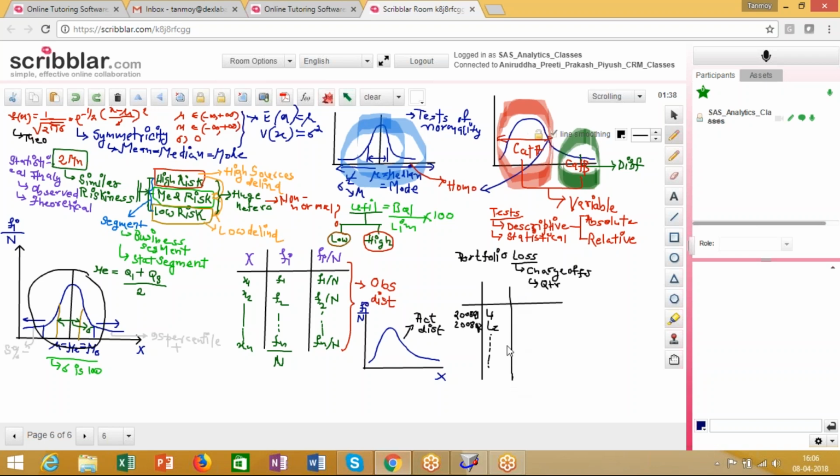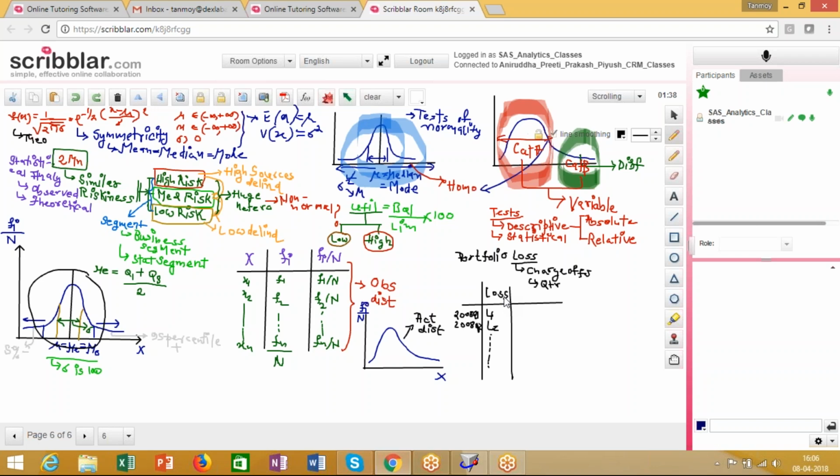Now, I want to know whether this loss distribution is symmetric in nature, or whether it is normally distributed.